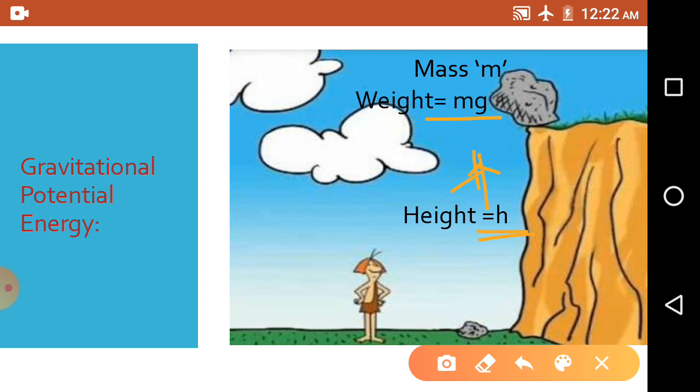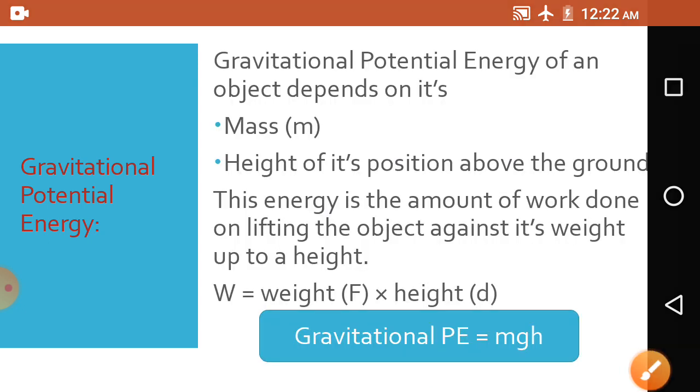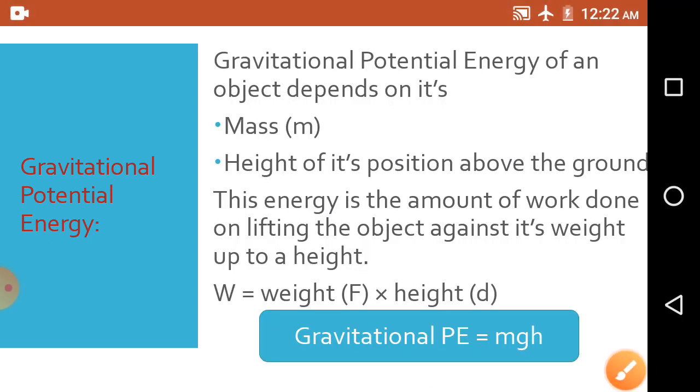So this force, which is the same as the weight, causes the displacement h. Force into displacement: the force is mg and the displacement is h. So this gives the work done, and this amount of work done is the amount of gravitational potential energy stored in the stone or object.